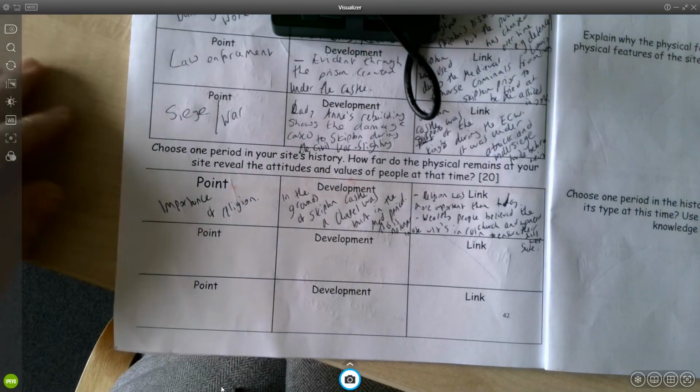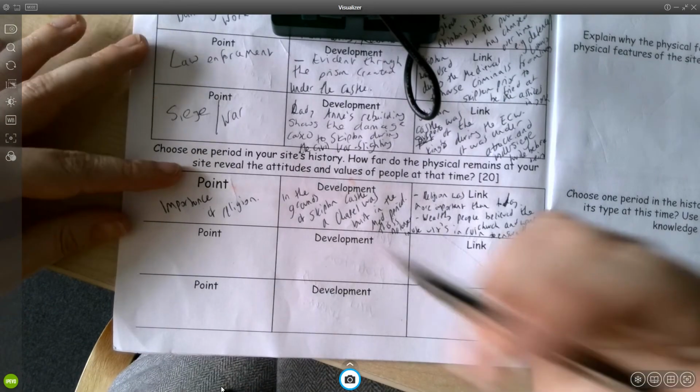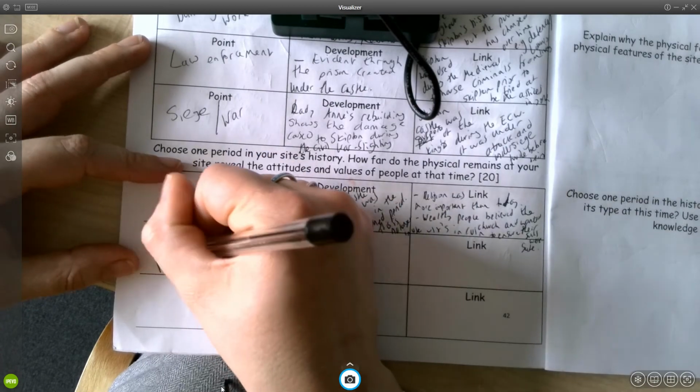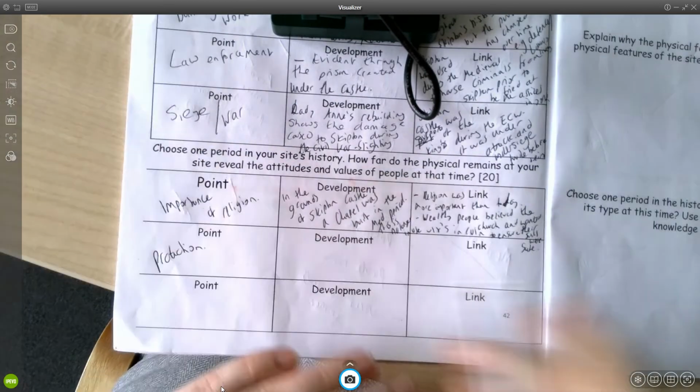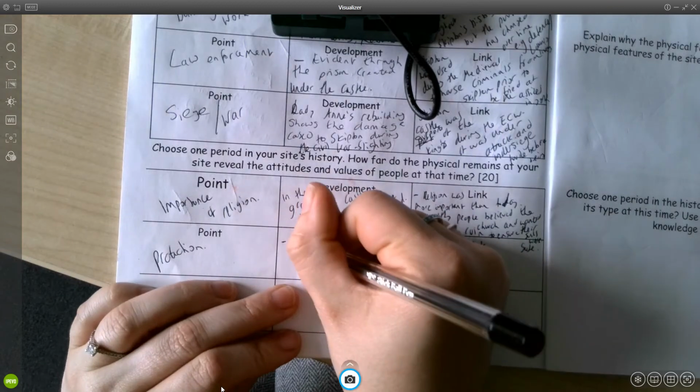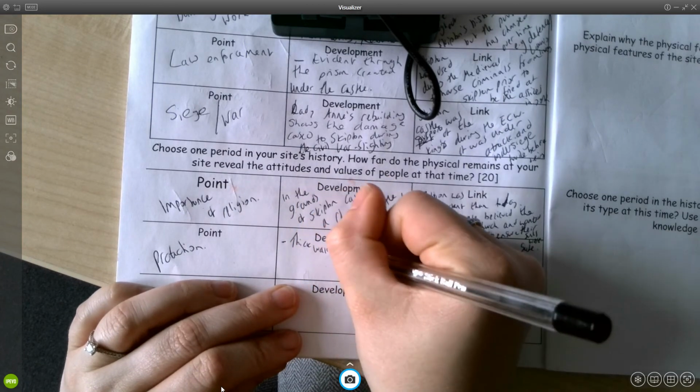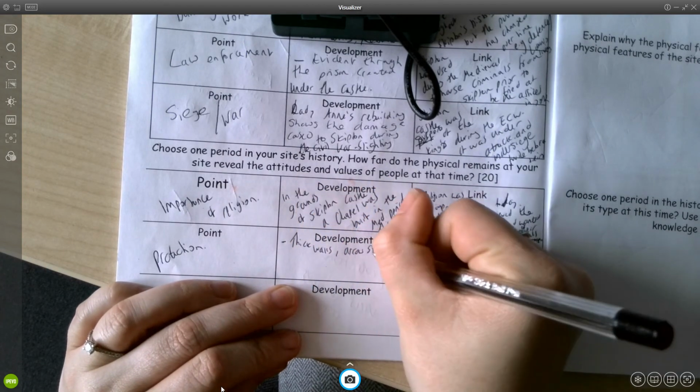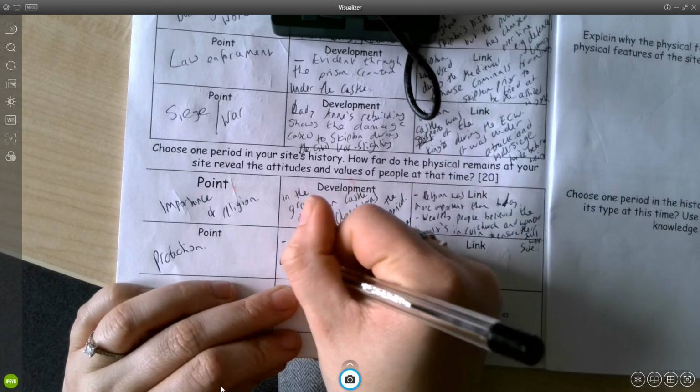Another area that could tell you about protection. So you could talk about thick walls, arrow slits, curtain wall.